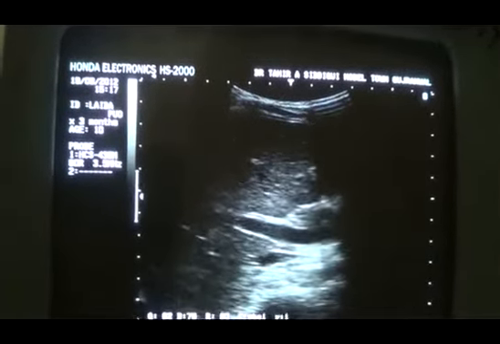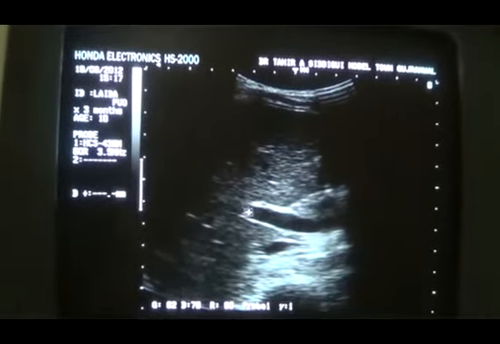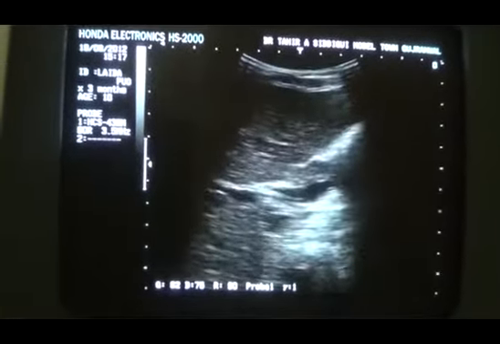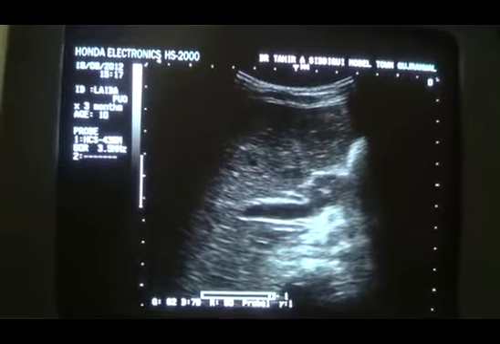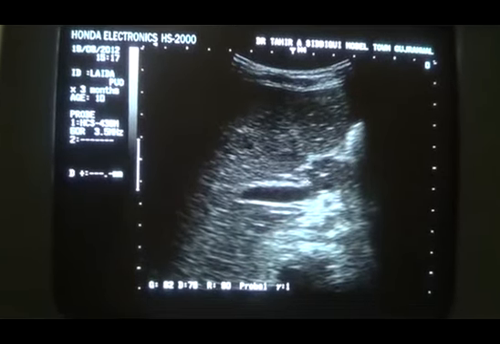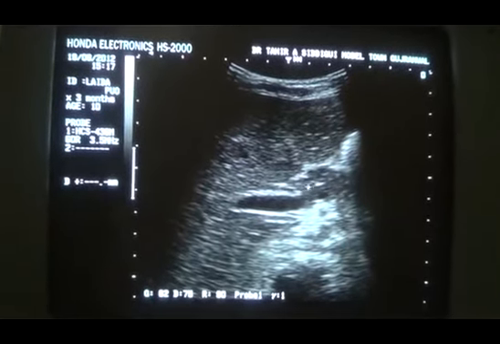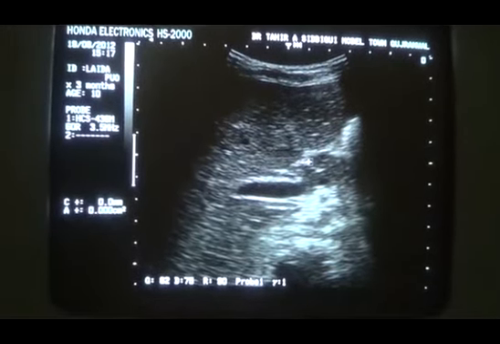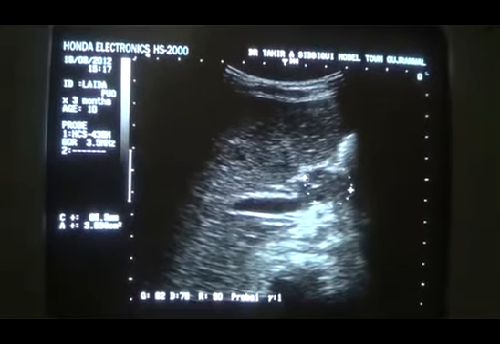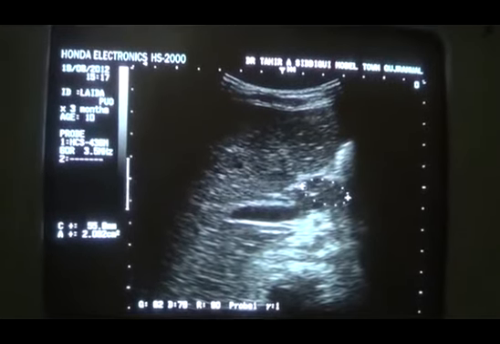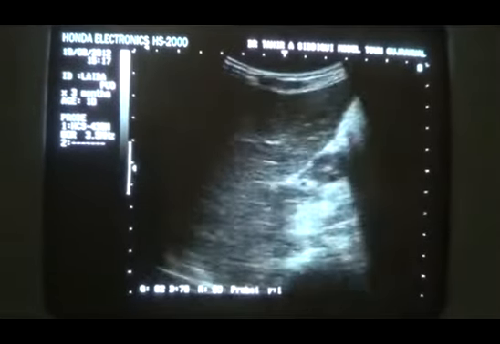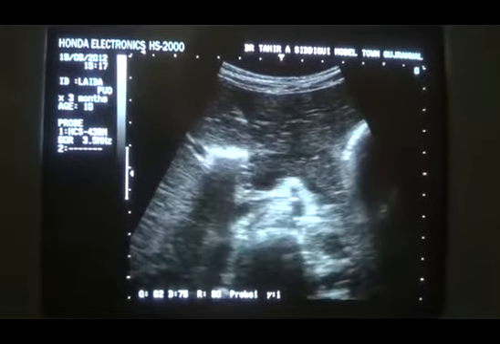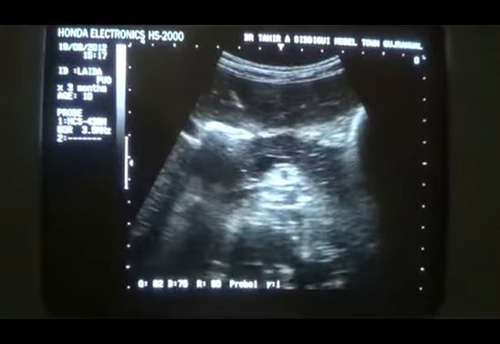So now this is the portal vein, this is the inferior vena cava, and this area is the head of the pancreas. This is the head of the pancreas. This is the body of the pancreas.